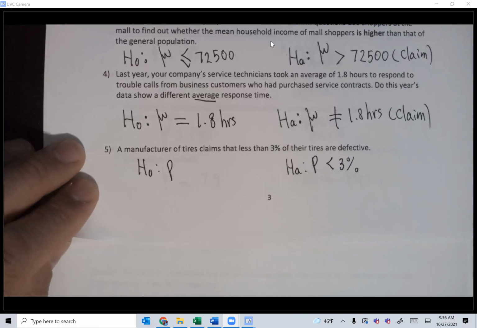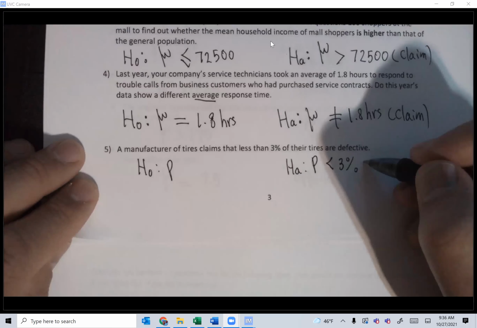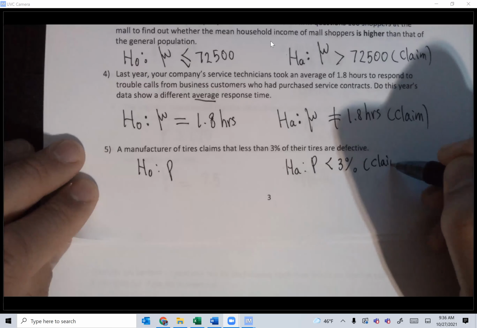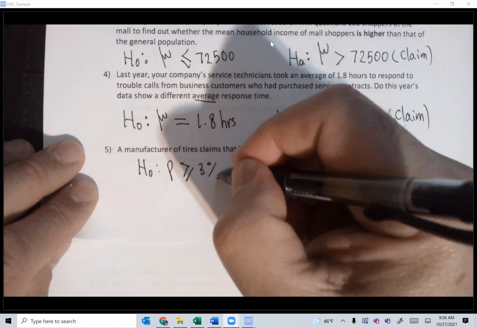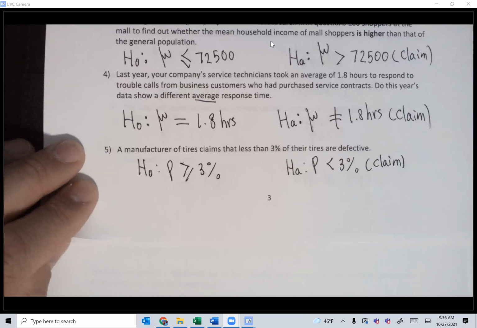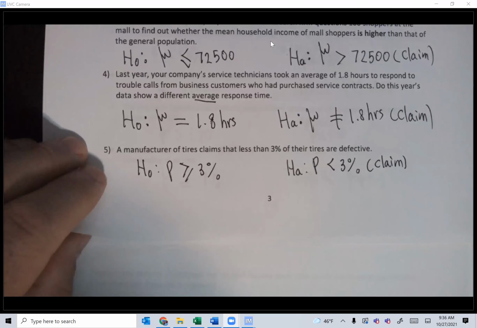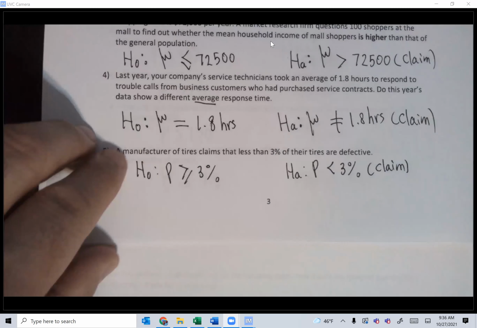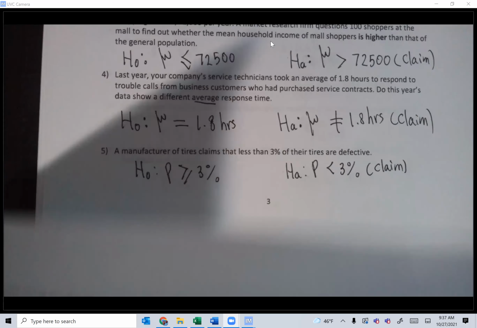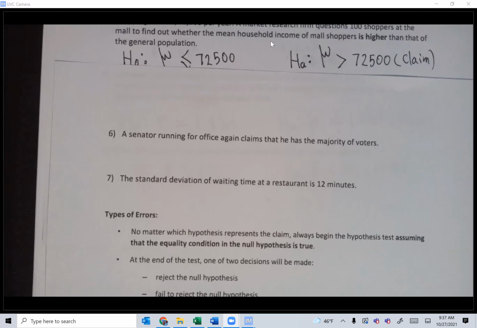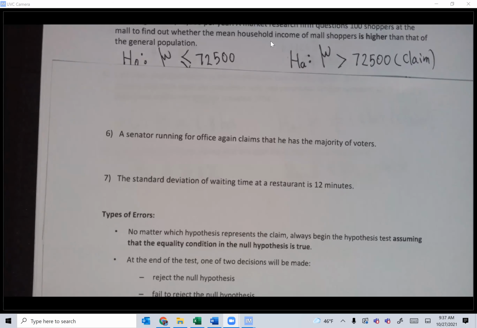Here you go. And that's the claim. And that's greater than or equal to 3%. I hope, guys, you're having a good feel of how to state the null and the alternative. Okay, number 6.